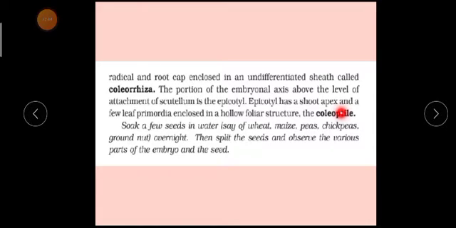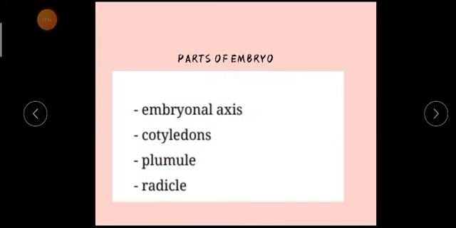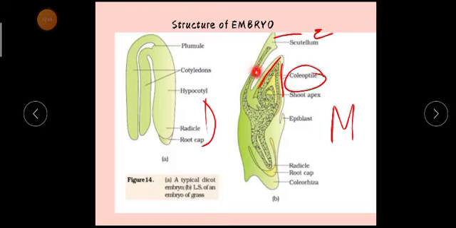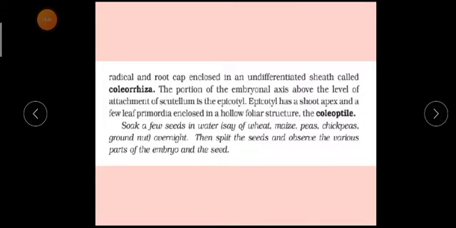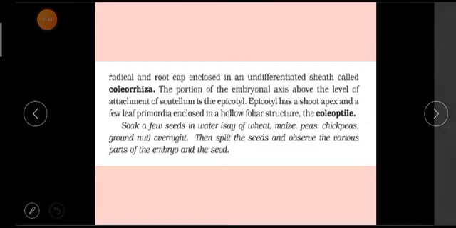So the coleoptile is a hollow structure in which the shoot apex of the epicotyl will be present. Along with the shoot apex, a few leaf primordia are also going to be present in this coleoptile. This coleoptile will hold the shoot apex of your epicotyl, and it is also going to hold the leaf primordia.